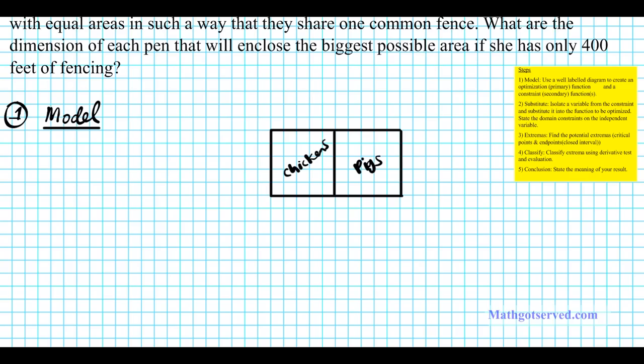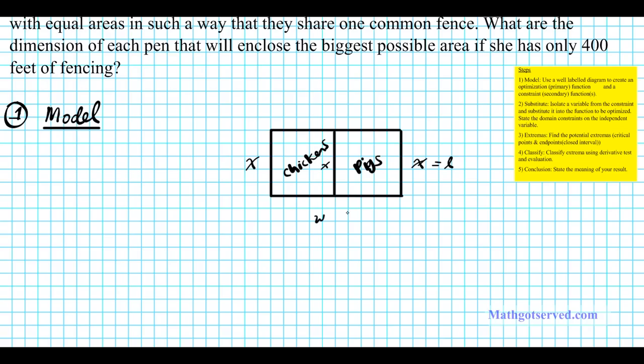Okay, how about we call the adjacent sides x? So x, x, x. So these represent the length of our rectangular fencing region. All right, and then let's call this the width. I don't know what that is yet.